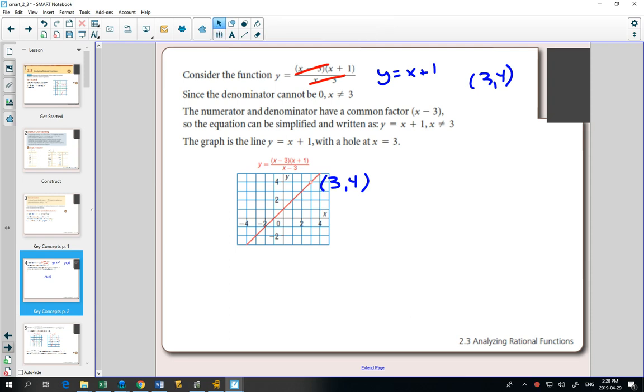Whenever a non-permissible value or a factor cancels out, you still have to remember that it was a non-permissible value. But you graph the new graph, the simplified version, and add the hole into that new graph.